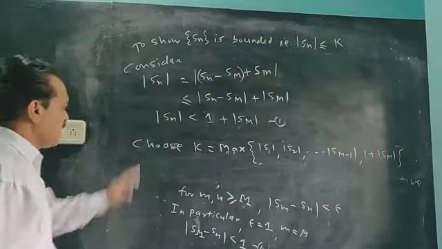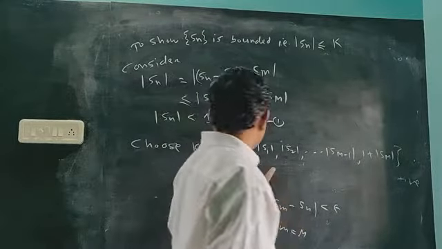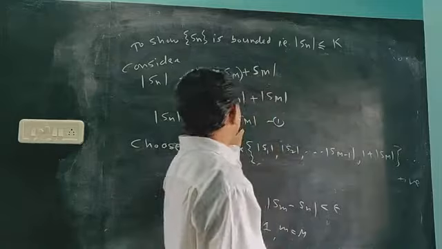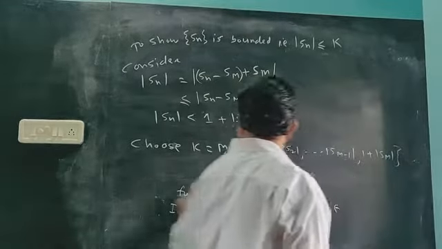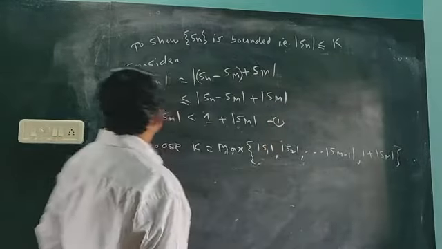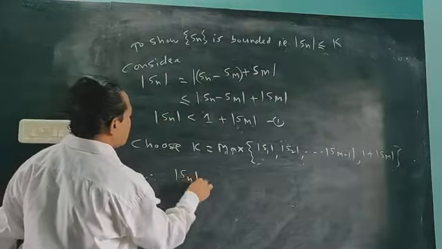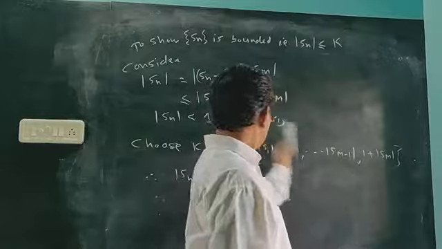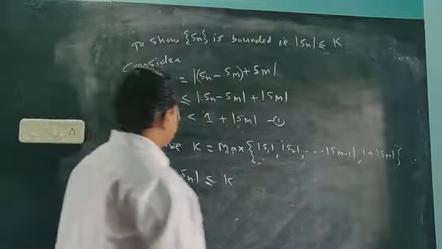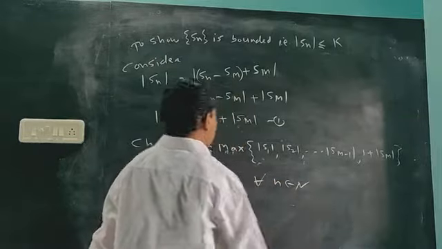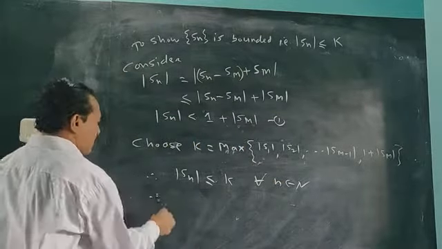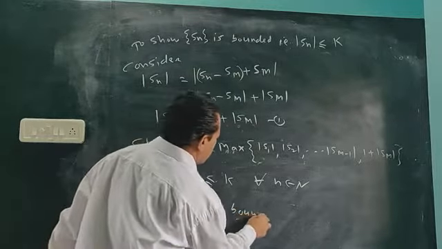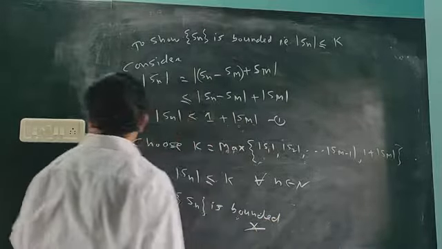Take the maximum of all these terms and call it K. Then mod of Sn is less than K, because K is the maximum of all these values including this one. Therefore Sn is less than K for all natural numbers, so by definition this sequence Sn is bounded. So those are both theorems, the first theorem and the second theorem.